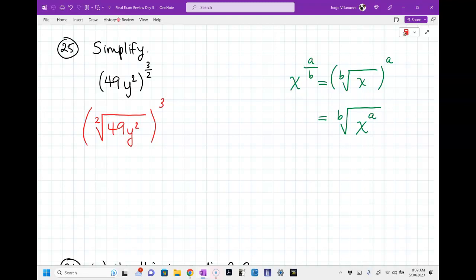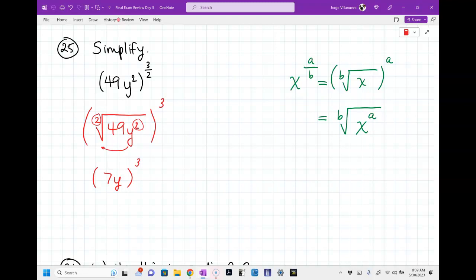Square root. Well, what's the square root of 49? What do we get? Square root of 49 is what? 7, all right? And what's the square root of y squared? Well, since this matches that, that means the y comes out. So this comes out to 7y to the third.